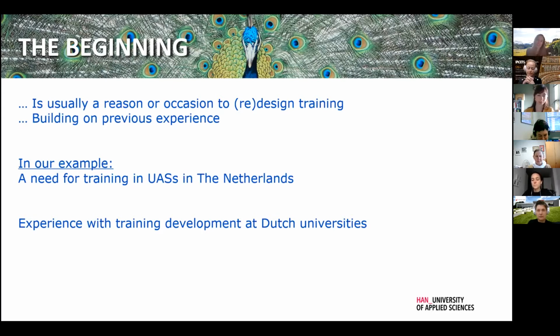So then there was a new project, the Tetrios project, aiming to fill that gap. I was at that point not yet working in the University of Applied Sciences, but since I had a lot of experience with the development of trainings in the Dutch universities, they asked me if I would join this project.